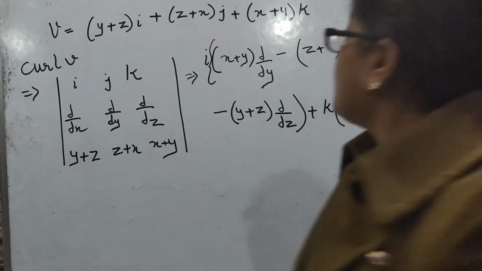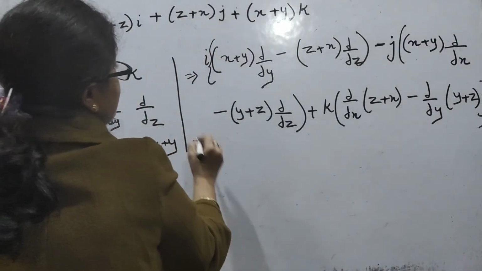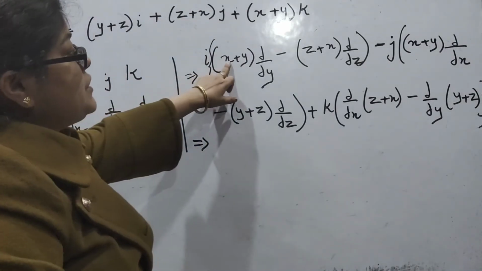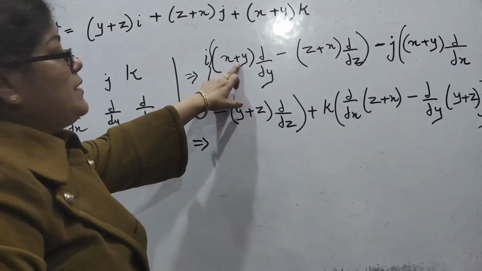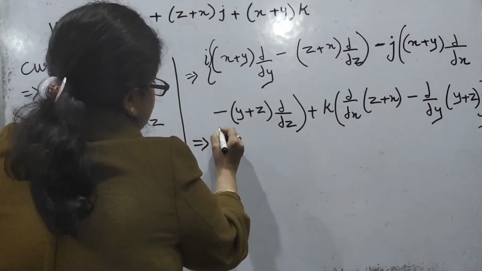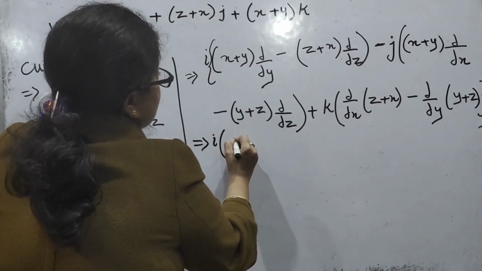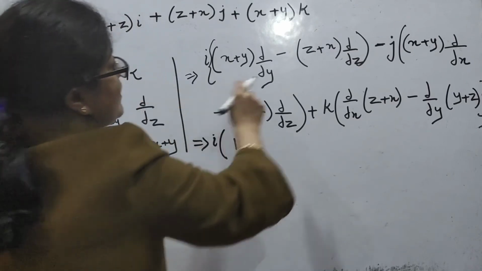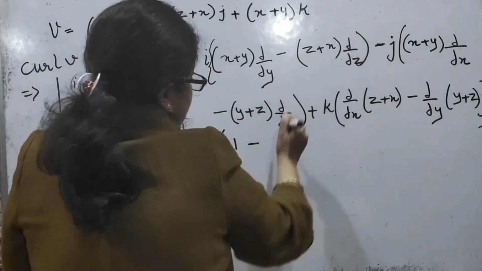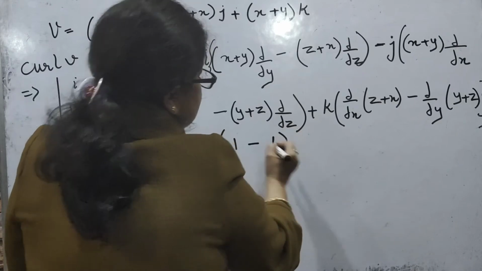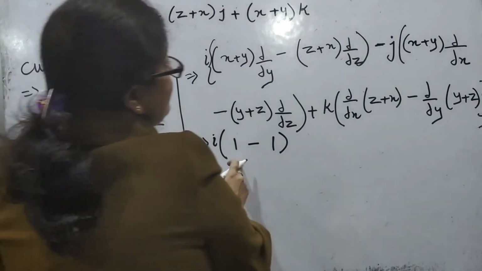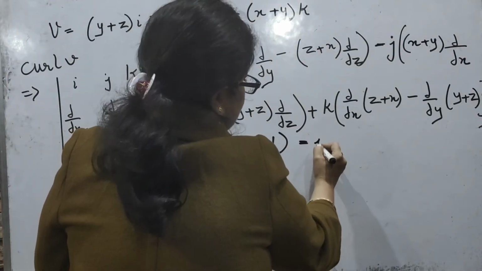Okay. Now we solve all of them and we get, when we differentiate x, it is 0. When y, it is 1. So we have 1 minus, over here for the z we have 1 and for the x we have 0. So we are left with this, then minus j.